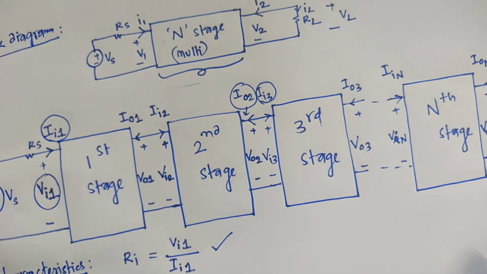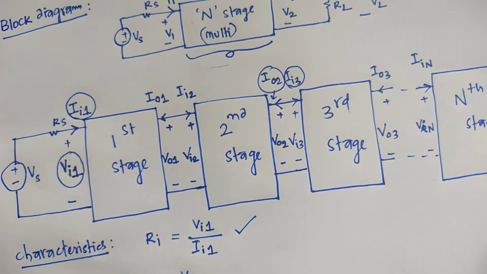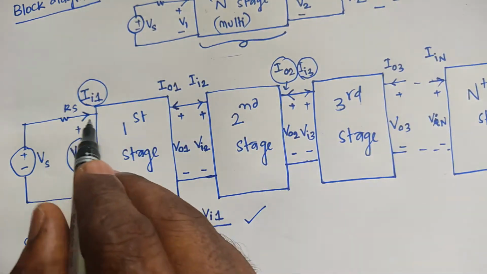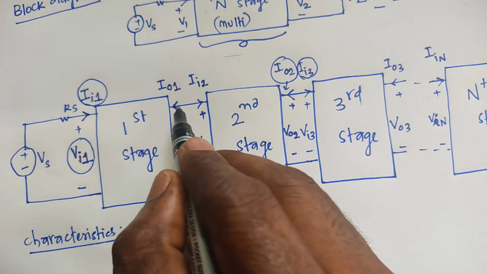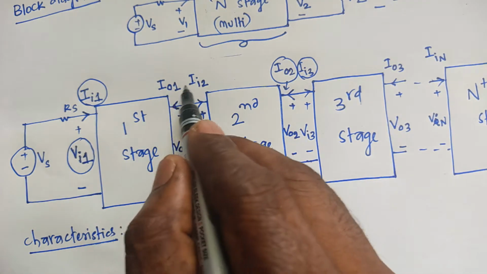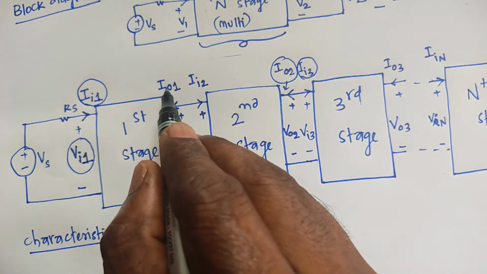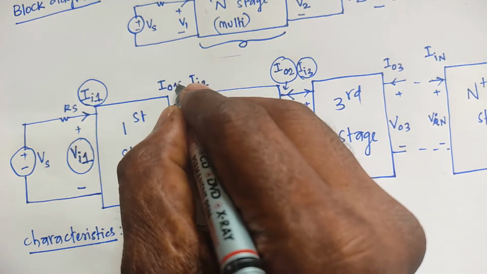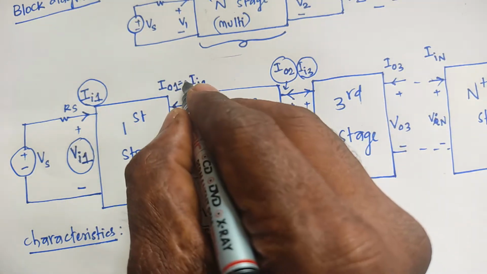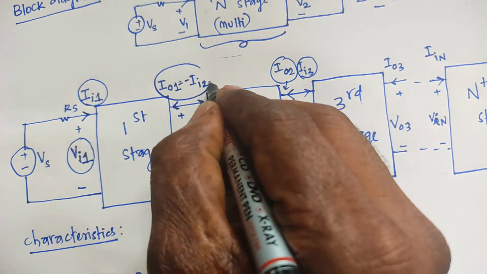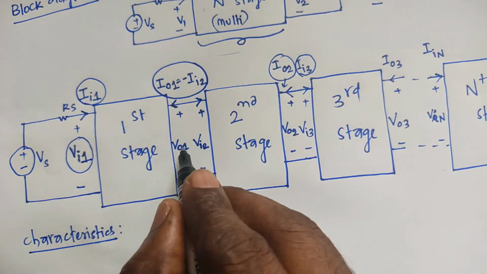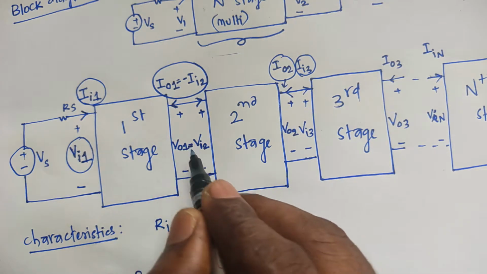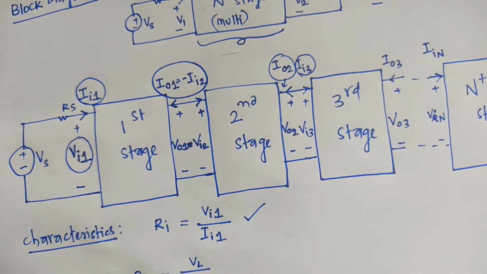For calculating this, first you have to do the analysis. For the first stage, the outgoing current is Io1, and what is the relationship between Io1 and Ii2? Both are in opposite directions, so Io1 is equal to minus Ii2. Both are in parallel, so the voltages are equal: Vo1 is equal to Vi2.